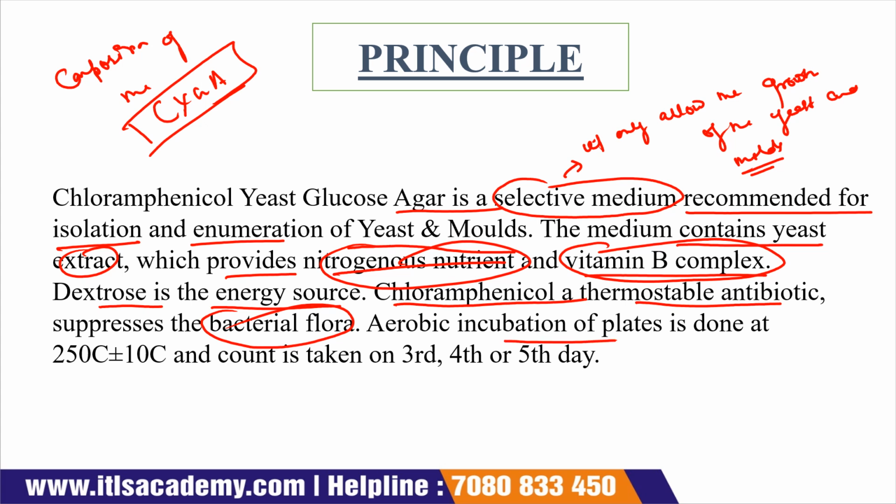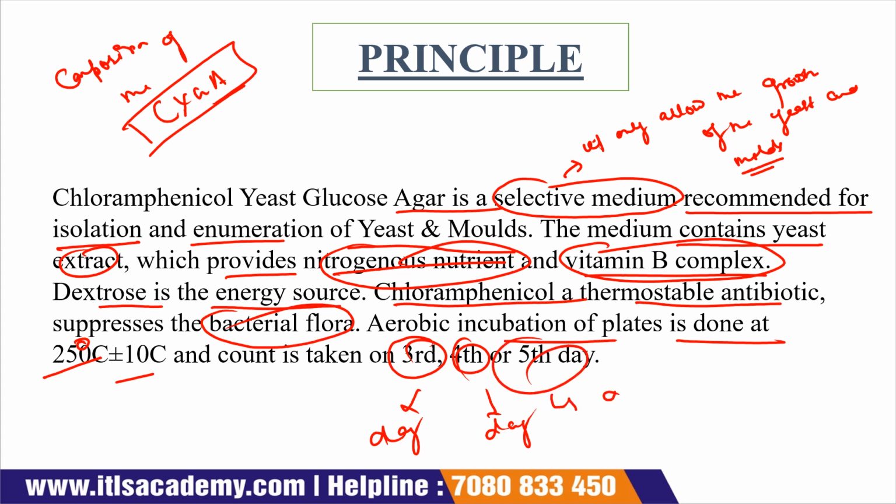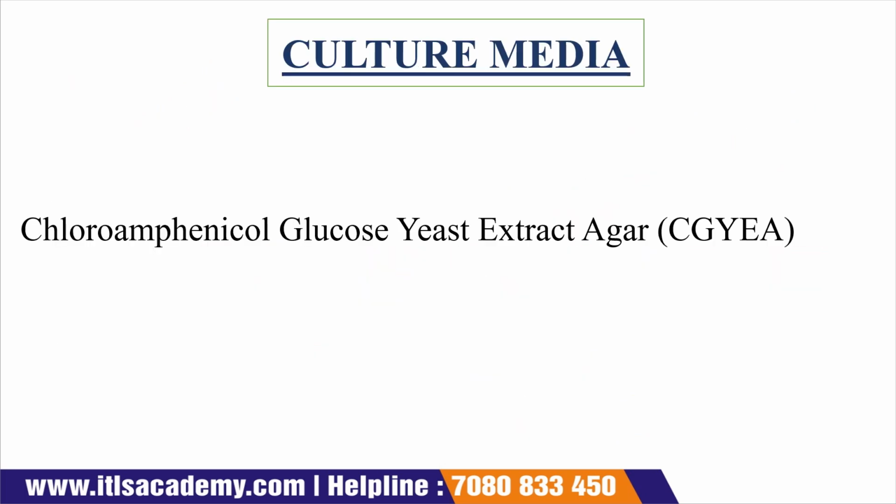Aerobic incubation of the plate is done at 25 degrees Celsius plus or minus 1 degree Celsius, and the colonies will be counted on the third day, the fourth day, and the fifth day. On any of those days we will count the colonies, but the incubation temperature will be around 25 degrees Celsius.